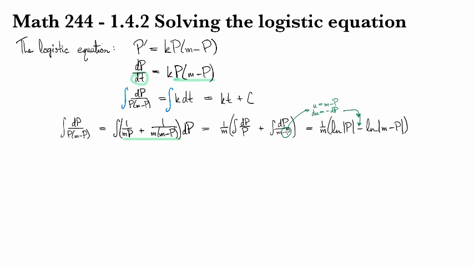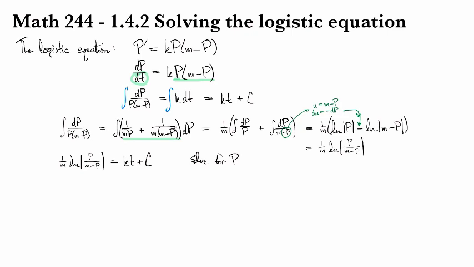Okay, so using logarithm arithmetic, this is 1 over M natural log of P over M minus P, and that is equal to kt plus C. Now I just need to solve for P, see if I can get that by itself.